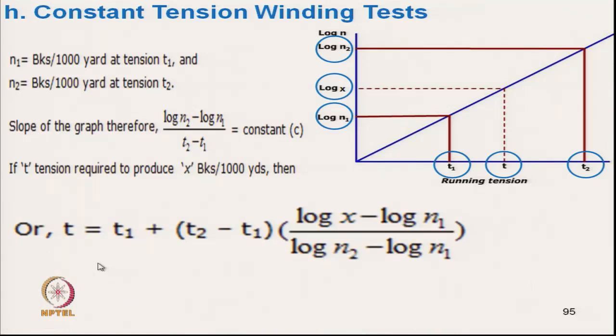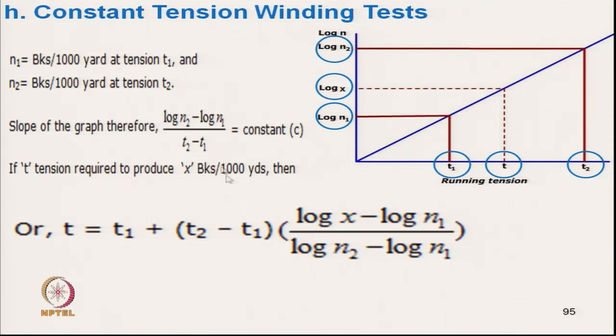That means, if our standard is 8, we can calculate the tension T required to get the value 8 using the simple straight line formula, y equal to m x plus c.